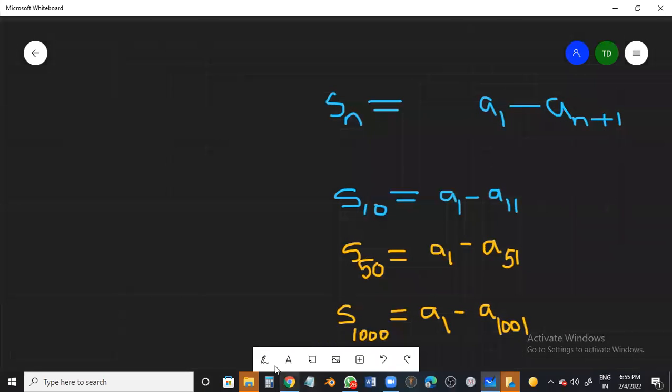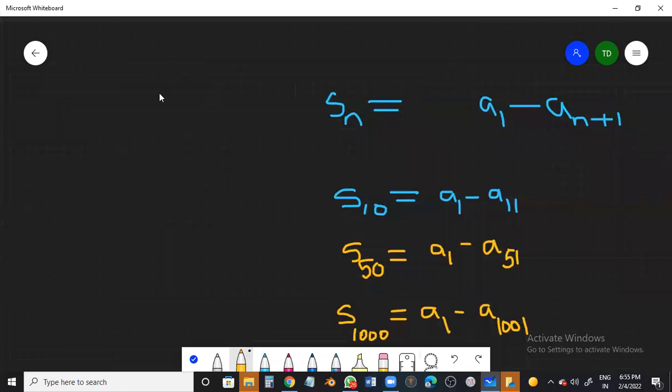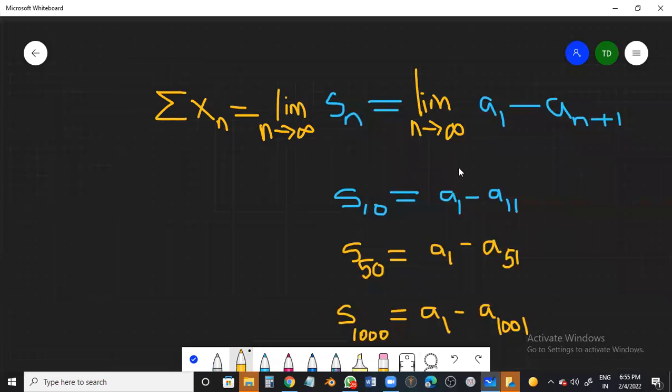Now, see, the summation of Xn is nothing but the limit as n tends to infinity of Sn. This is our definition. Means it is the limit of A1 minus An plus 1.